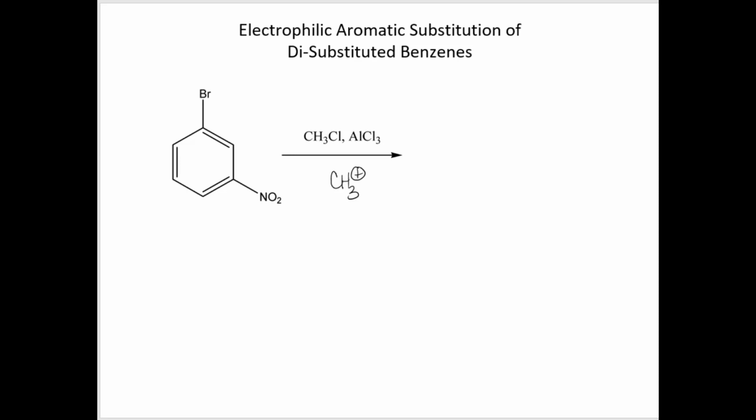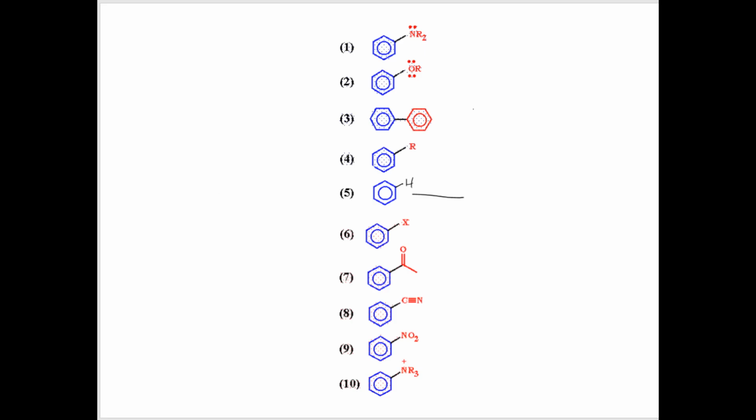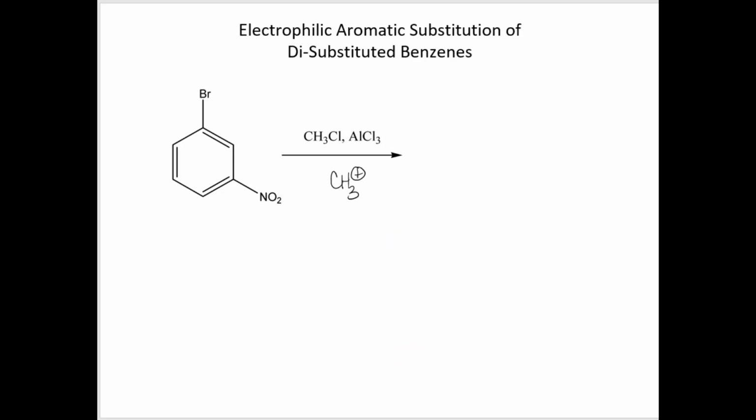Well, if we look at bromine versus nitro, which one of those is higher on the chart? Well, they're both deactivating, but bromine is higher than the nitro group, so therefore the bromine is going to do the direction. What kind of director is it? It is an ortho-para director, so it's going to direct ortho to itself and also para.